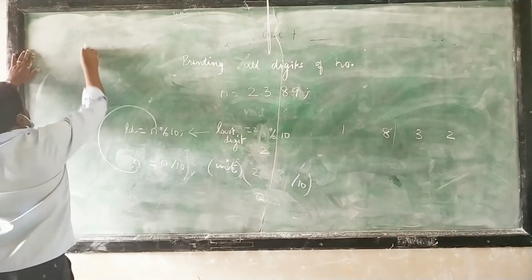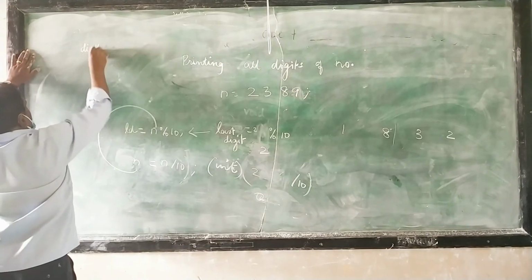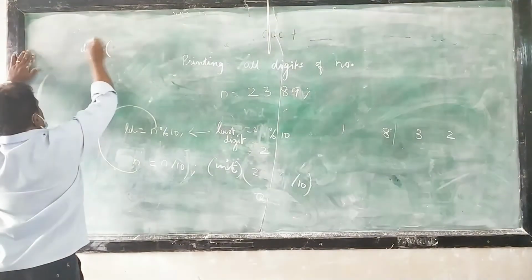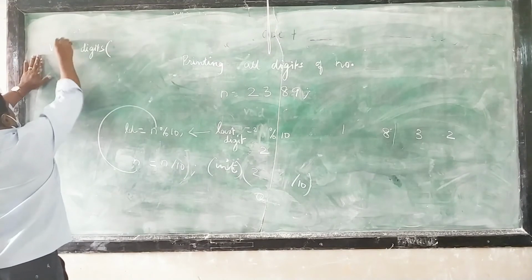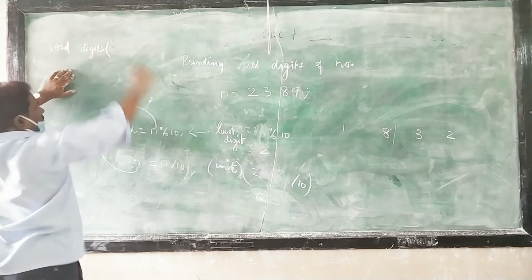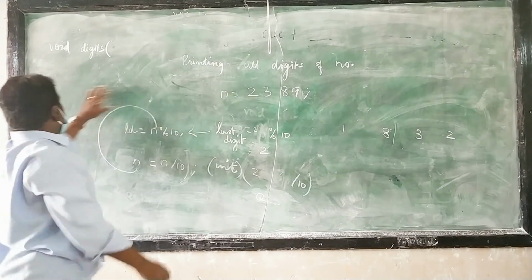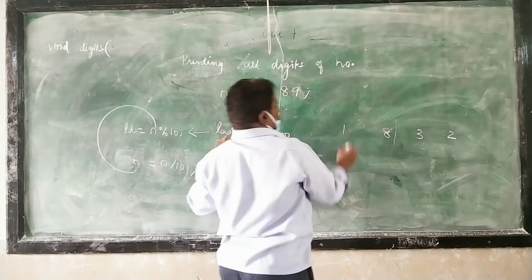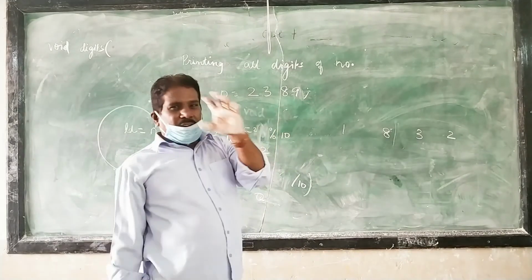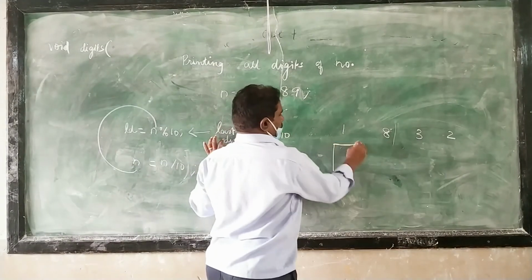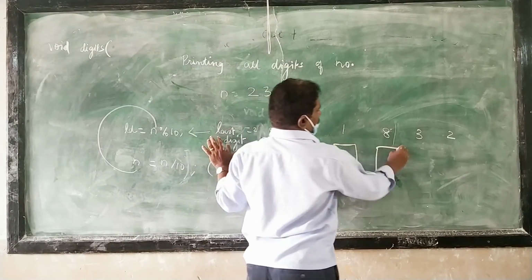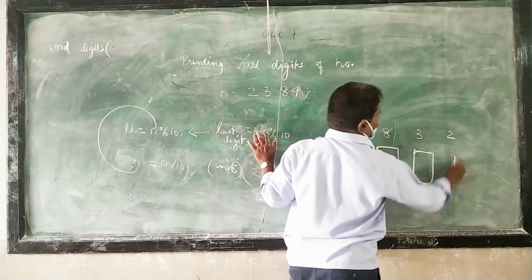Print digits, void digits. So I have to receive one number, isn't it? So first time I have a 4-digit number, it means I have to repeat the process 4 times. First time, second time, third time, and fourth time.